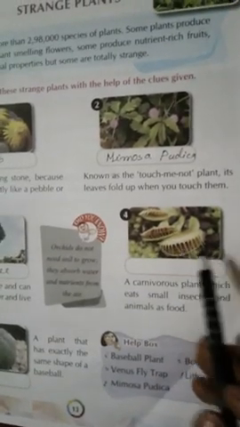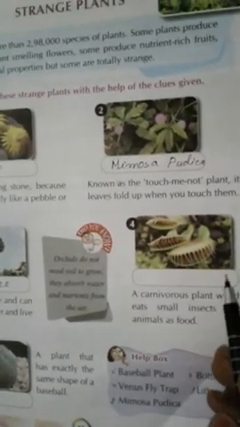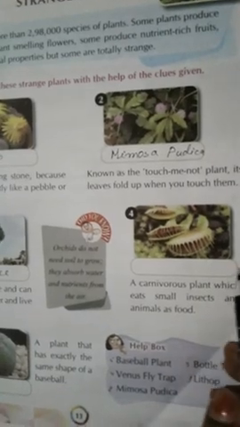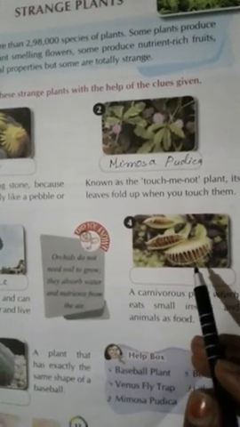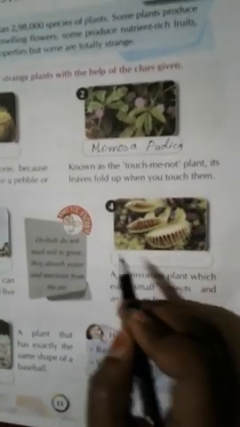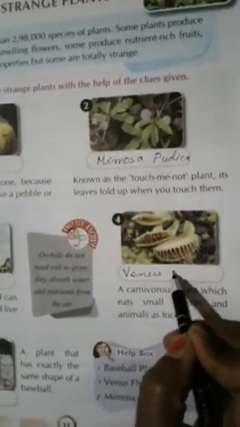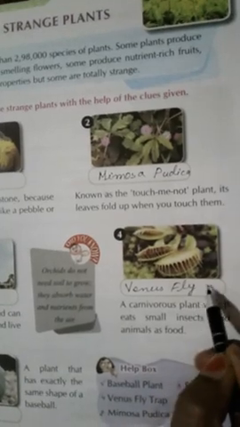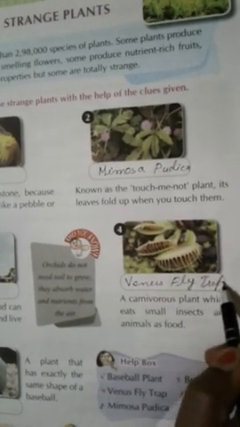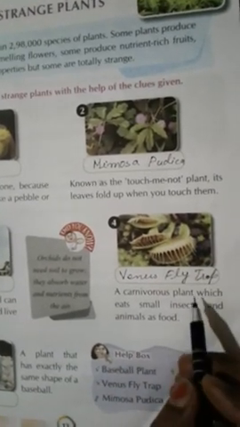So this is a pitcher plant. Next, what is the name of this? It's a Venus fly trap. What is the spelling? Venus fly trap. It's a Venus fly trap.